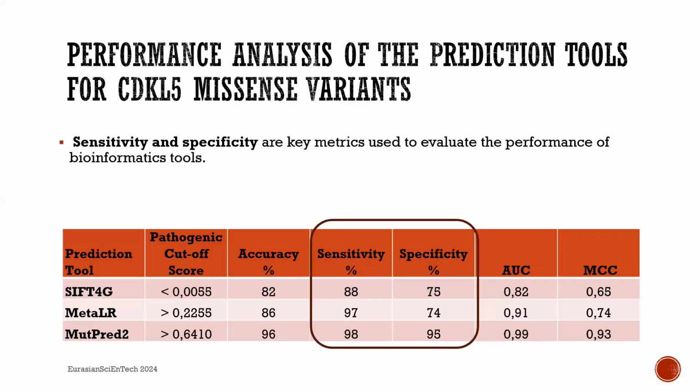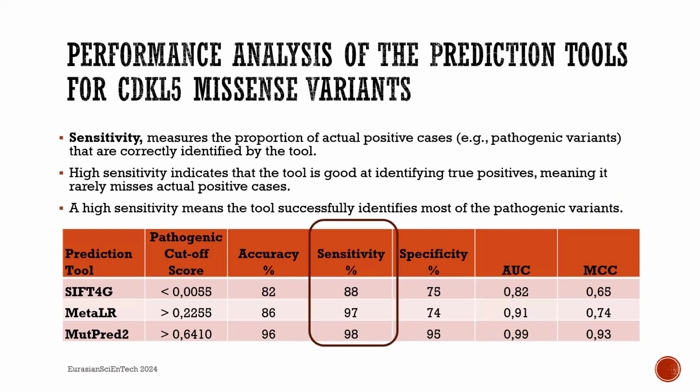We also calculated sensitivity and specificity, which are key metrics used to evaluate the performance of bioinformatic tools. Sensitivity measures the proportion of the actual pathogenic variants that are correctly identified by the tool. If we have a high sensitivity, this means that the tool successfully identifies most of the pathogenic variants.